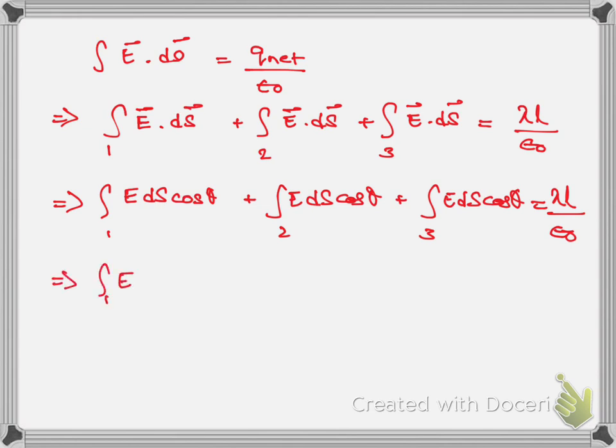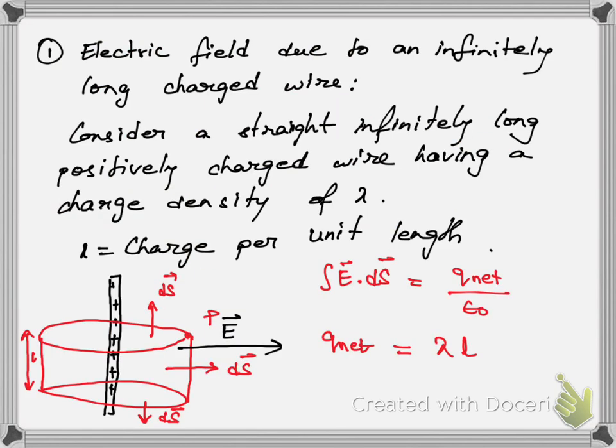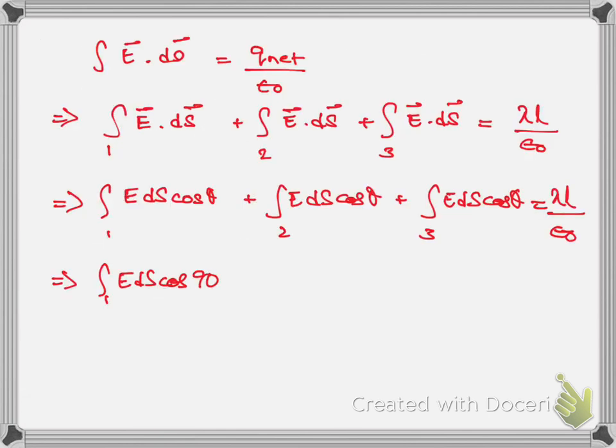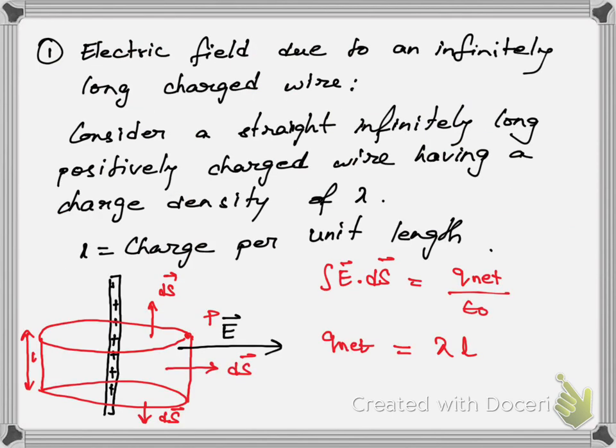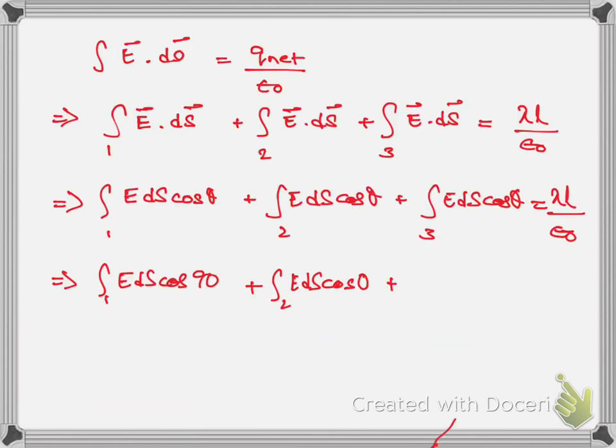So number 1 is E ds cos 90, and for the surface 2, from the figure you can see that both E and ds are in the same direction. That means the angle between them will be 0 degree. And for surface 3 as well, the electric field vector and the area vector are perpendicular. That is, theta is 90 degree.